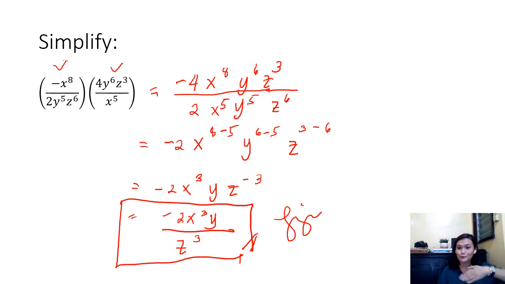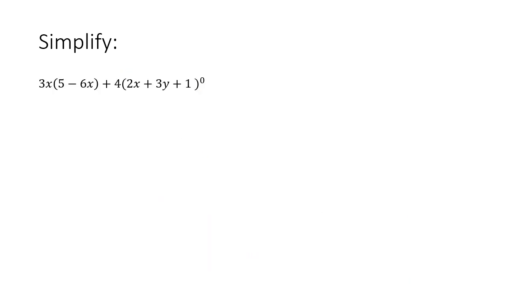Alright, now let's move on to the next example. Now let's try to simplify this expression here. We have quantity 3x times the quantity of 5 minus 6x plus 4 times the quantity of 2x plus 3y plus 1 quantity raised to 0.